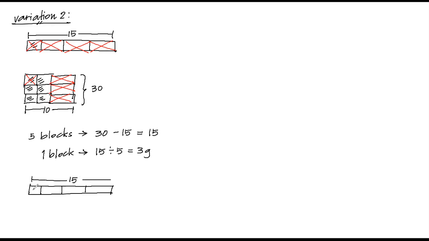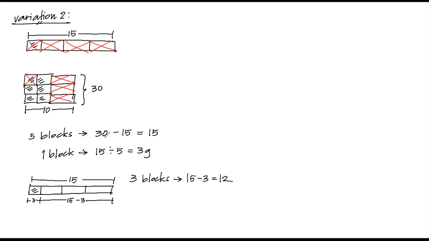Okay? Now, what you are about to see here is, we already know that this is 3. Now, to solve this part, you need to subtract 3 from 15, and that will result in 3 blocks, as 15 minus 3 weighs 12 grams.